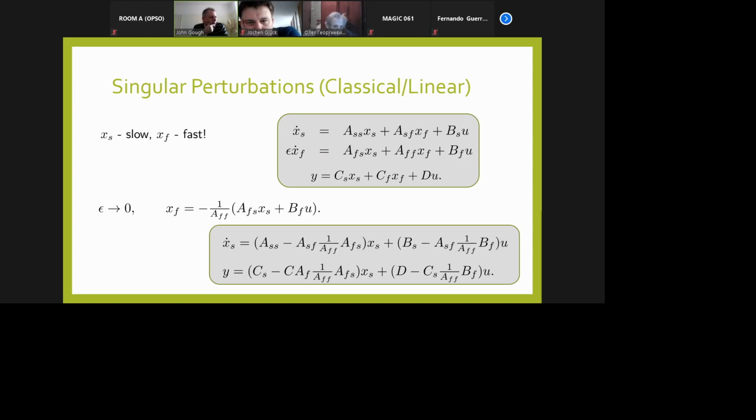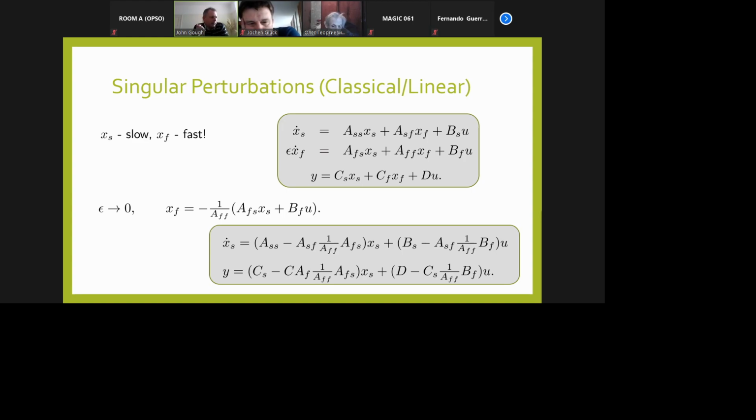To cut a long story short, what you could formally do is just set the left-hand side equals 0, put epsilon equals 0. If we have that the coefficient AFF is an invertible matrix, you can write the value for the fast variable as what's known as a slaved value to the current value of the slow variable and also the current value of the input u.